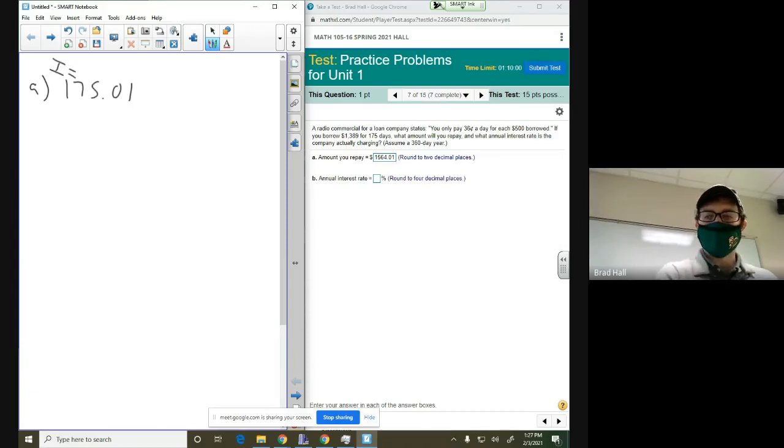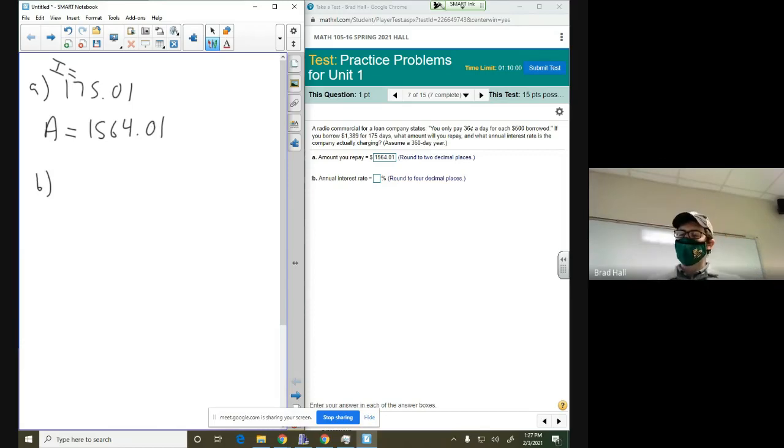And then altogether, we found that A was 1564.01. And so part B wants us to determine the annual interest rate. So really, we know what I is, we know what A is, and we're dealing with simple interest. So now we have formulas that we want to plug the stuff into.